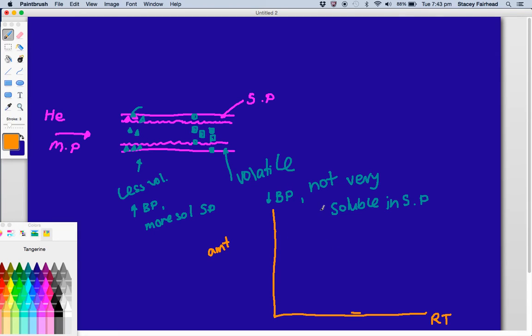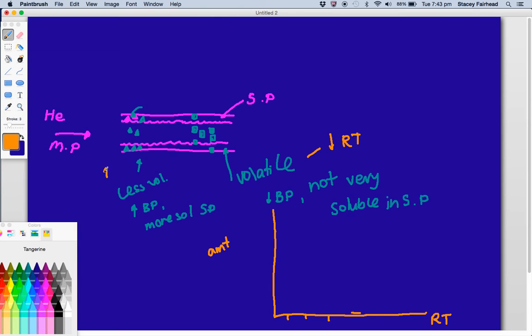Now, the volatile substances that enter into the mobile phase at much lower temperatures with ease, they have low retention time. So they're the ones that come out first. So they would be plotted down here at a time much less than these ones here.